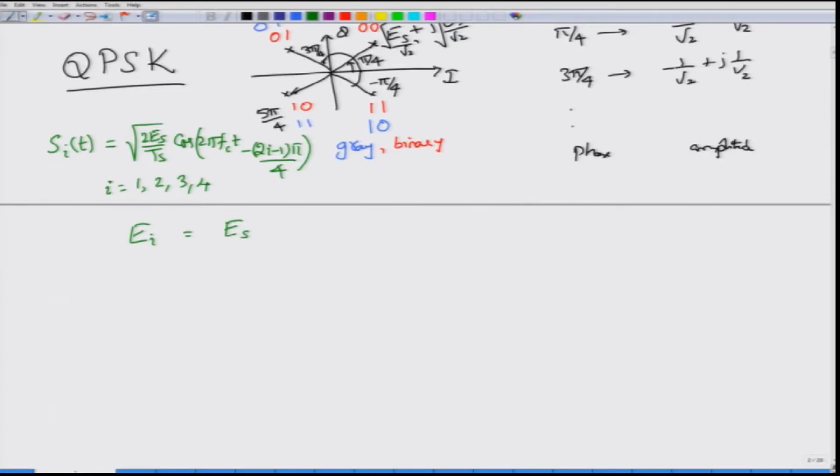How many waveforms do we have? We have 4 waveforms, each carrying an energy of Es, and the average energy carried by each symbol is equal to Es.